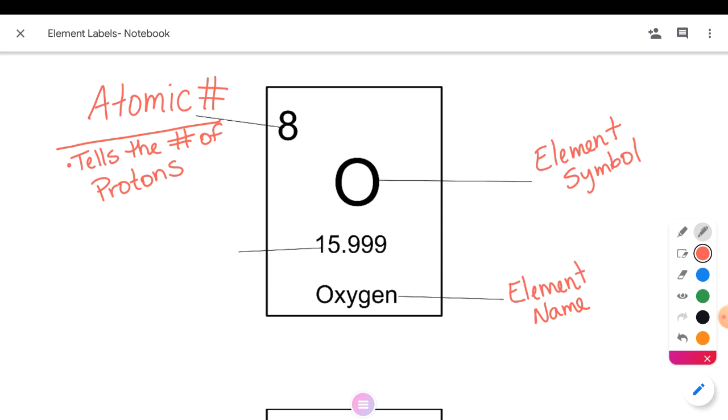Harper? They have the same number. There's the same number of protons as electrons. At the bottom of this page, okay, you should have a little space down here. I want you to make a little star and put the number of protons equals the number of electrons.